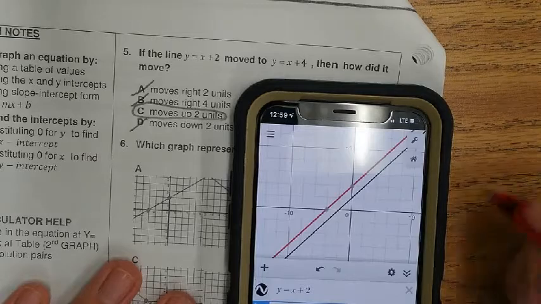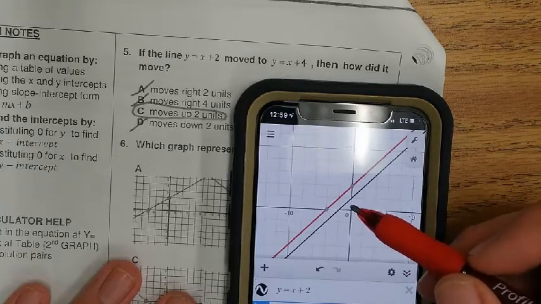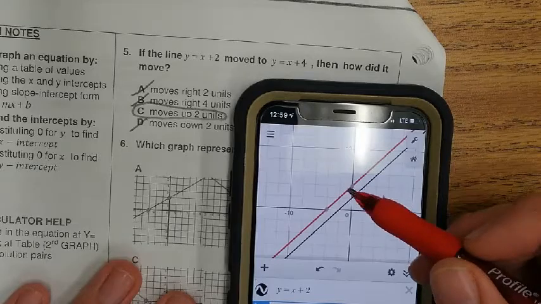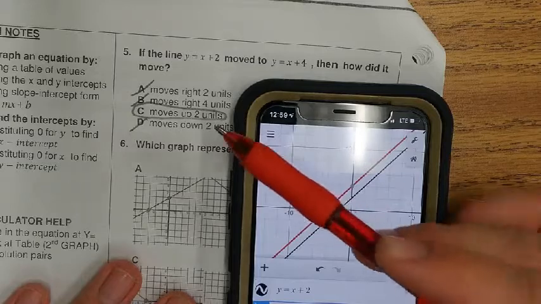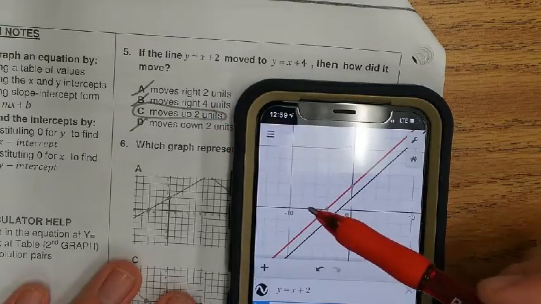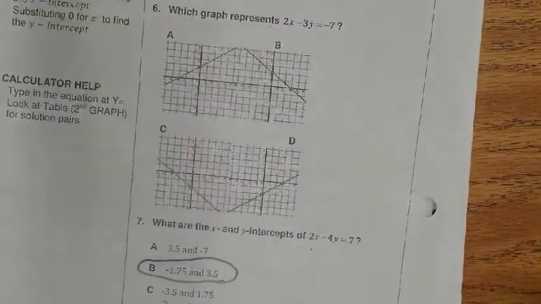Okay, so from the black line to the red line, the only answer choice that makes any sense is that it did move up 2 places. It didn't move right at all. It moved left. So we know it's not that one. And it didn't go down. So that one was why I said it was just kind of common sense.